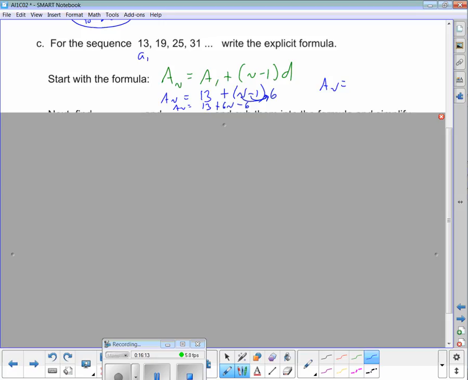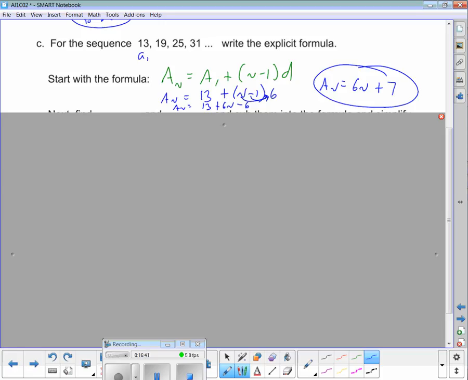A sub n equals, so it's combined like terms, 6n plus 7. And see, now we have that specific formula to this sequence, and therefore we can figure out any term of this sequence. So what did I do? I wrote the general explicit formula, and I subbed in the first term.